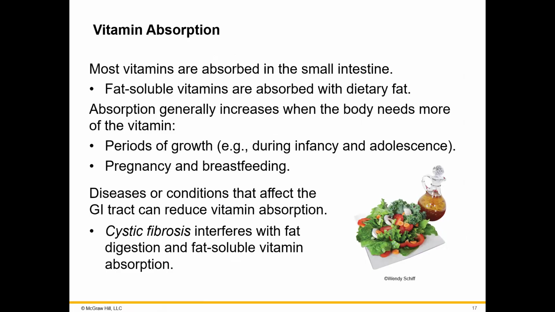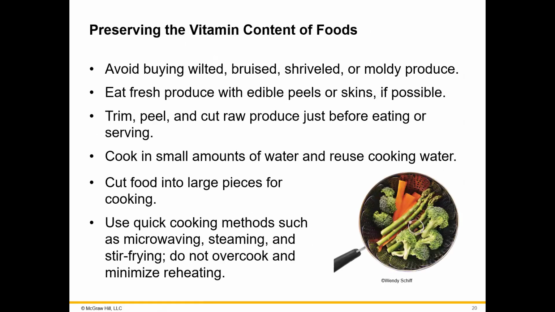When you look at diseases that affect the GI tract, such as cystic fibrosis, Crohn's disease, and irritable bowel syndromes, the more severe cases can lead to vitamin and mineral malabsorption because of where these vitamins are absorbed.